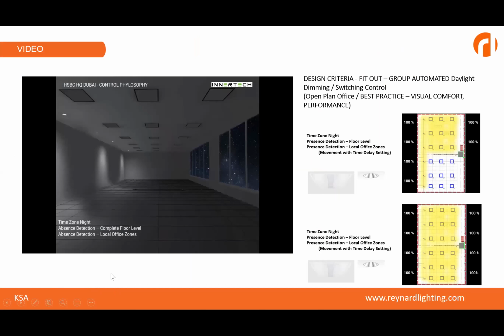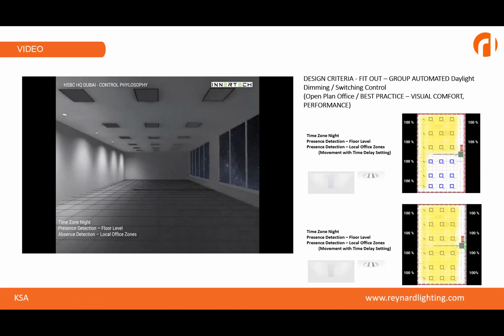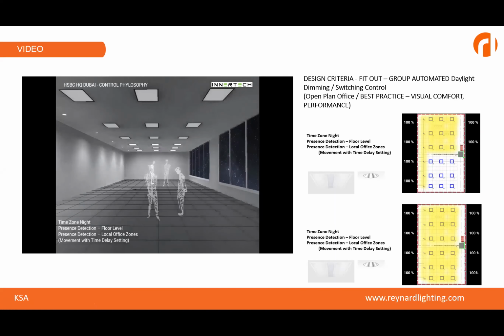Okay, I will show you some lighting control scenes and scenarios for a large office space, where we are utilizing motion sensors: whenever there are people, lights will go on. When people are not there, lights will go off.